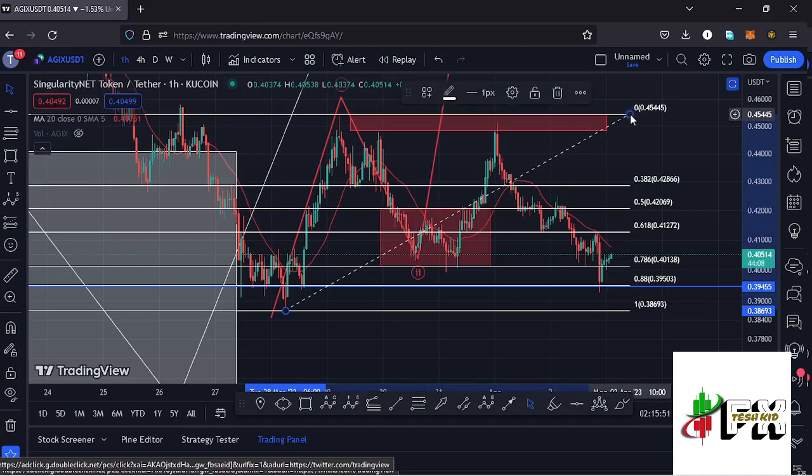Though we lost the fib level 0.78 but continue to hold above the fib level 0.88, there are still chances that this is still a valid second wave to the lower side.